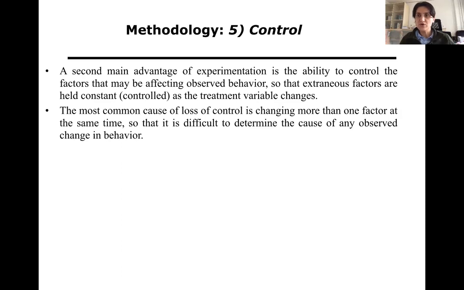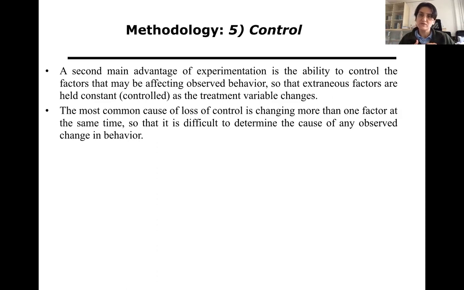You keep all other things constant, and you focus on the variable that you are changing. The treatment is that. The most common cause of loss of control, and we are going to come to an example so that you understand it better, is changing more than one factor at the same time, so that it's difficult to determine the cause of any observed change in behavior. This is what I was explaining earlier.